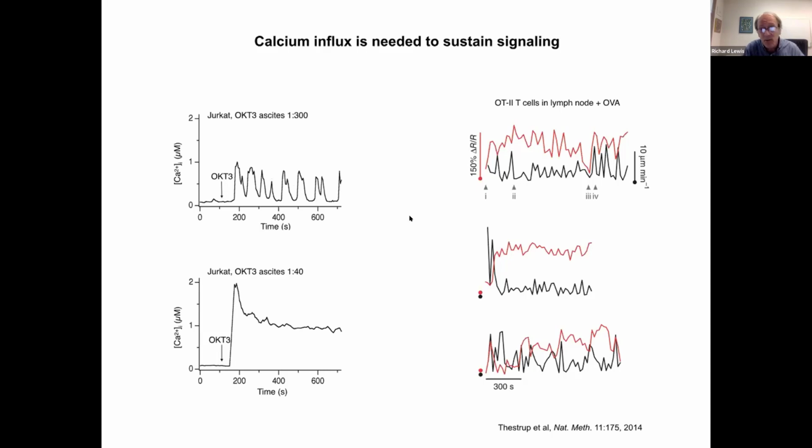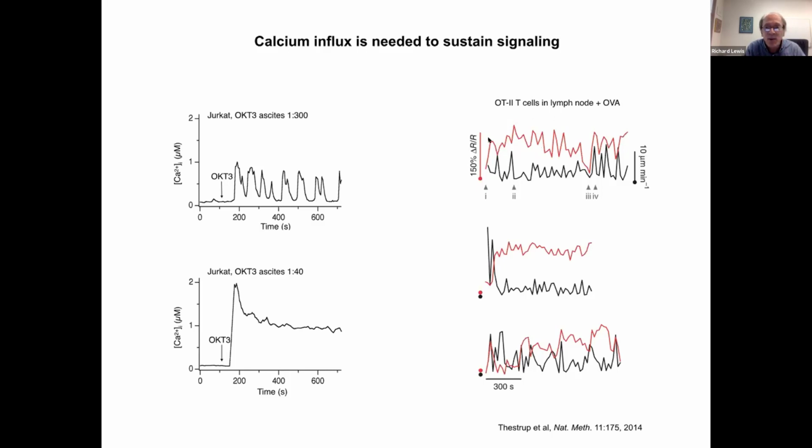Now, the advent of two-photon microscopy and genetically encoded ratiometric calcium indicators has made it possible to record similar signals from cells in physiological settings as they undergo immune responses. This example here is from OVA-specific T cells in a lymph node in vivo after the animal has been challenged with injection of the OVA peptide.